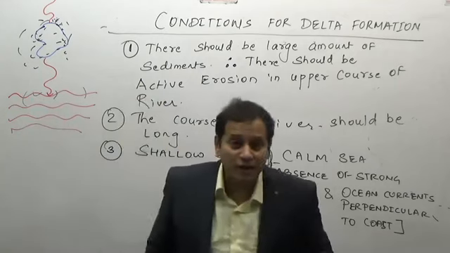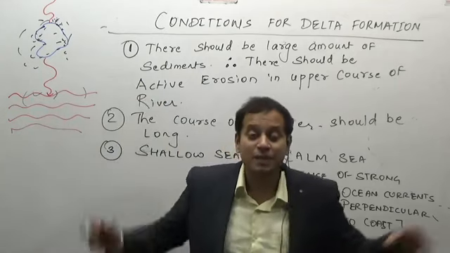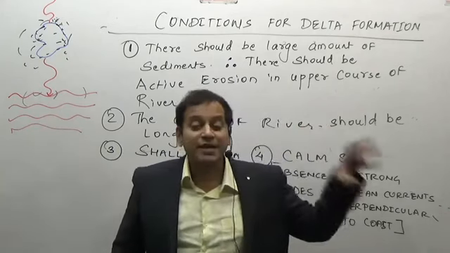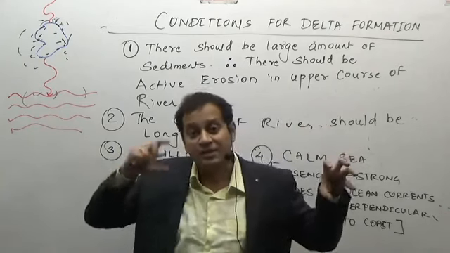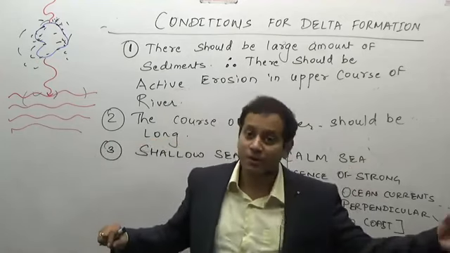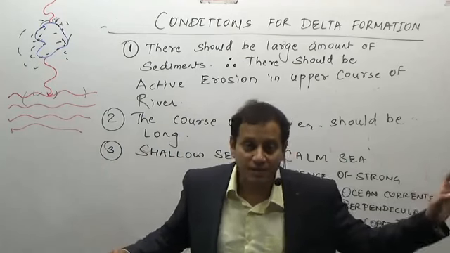So one of the conditions, the fifth condition, is absence of a lake. Why? Because the lake acts like a filter which filters out the sediments from the river, and the clean, sediment-free water goes and meets the sea.